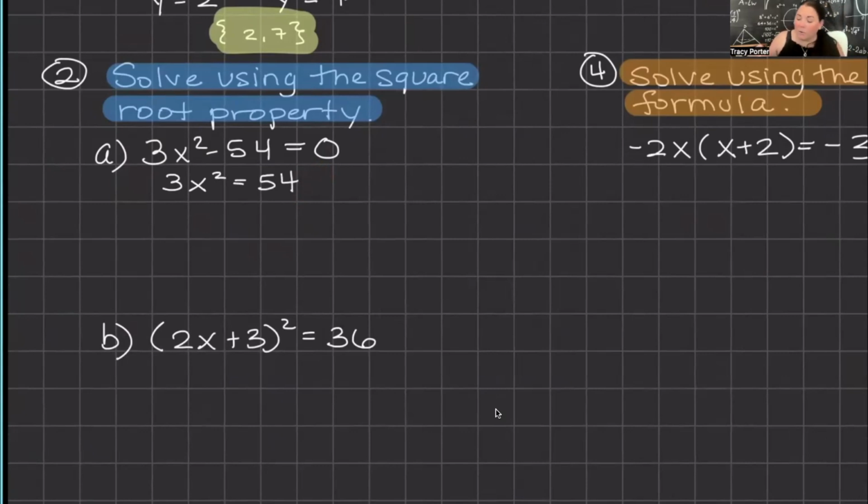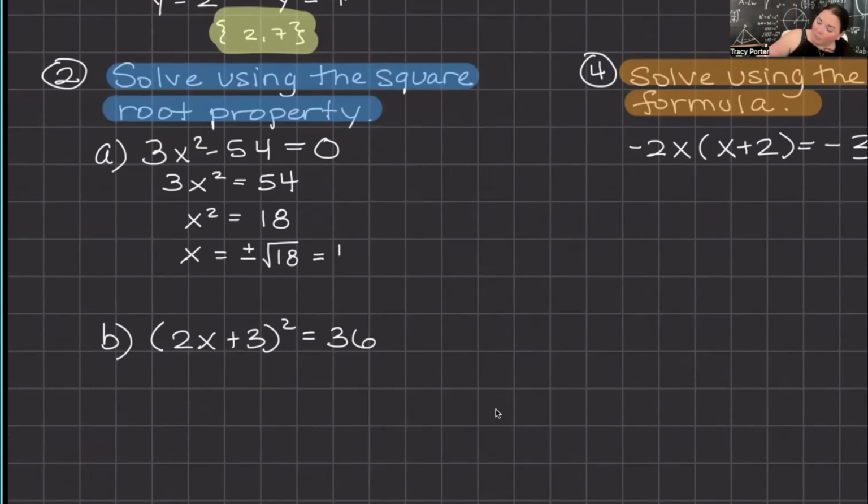And then you can also divide by the 3. So we'll have x squared equals 54 divided by 3, which is going to be 18. And then now we have it in the form we want. And so according to that, we can do the square root, but we know that x is going to be the positive or the negative square root of 18.